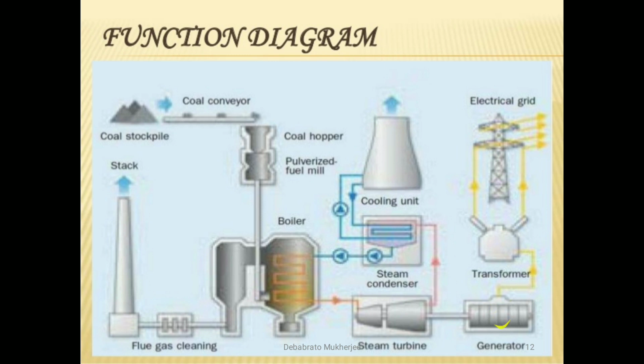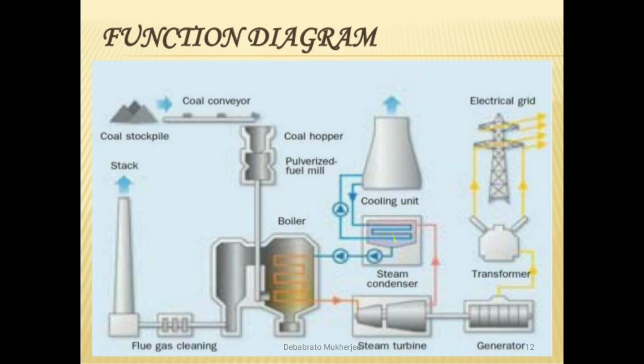Due to this rotation, magnetic flux will be induced, and hence electricity will be produced at 11 kV, which is fed to the transformer. It is stepped up, as I just told you, to 132 kV, 400 kV or 765 kV. Then it is given to the electricity grid. This is a condenser.